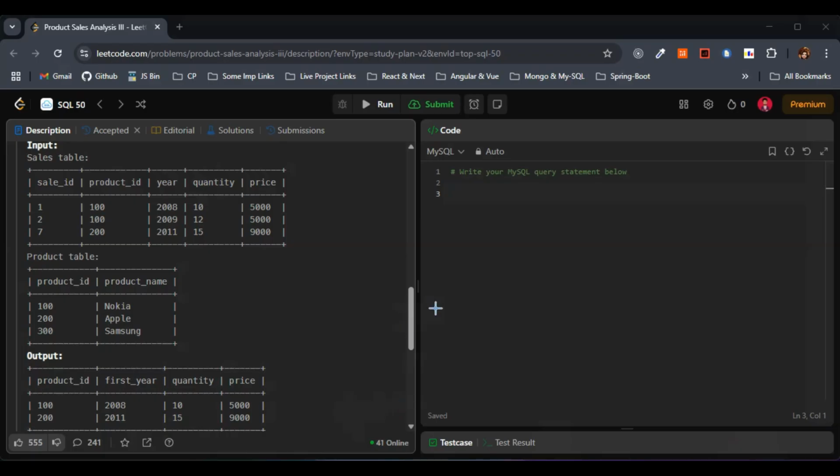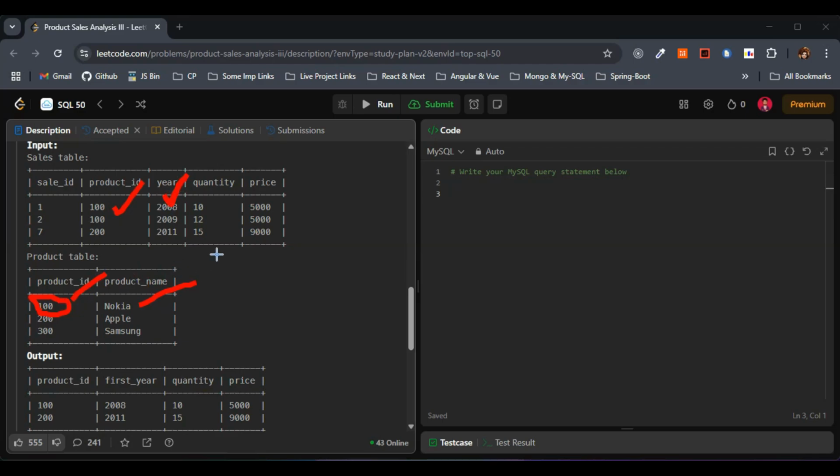How did we get this? First, we observe product ID 100, which is Nokia. The earliest sale year is 2008. You can clearly see the earliest sale here is 2008.